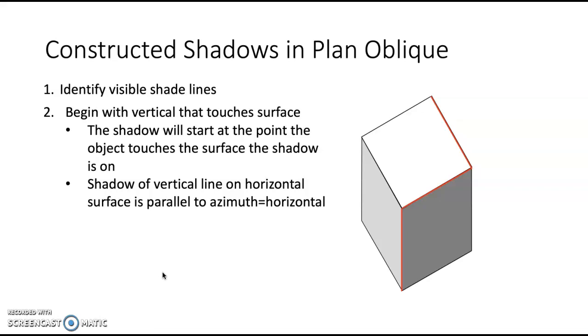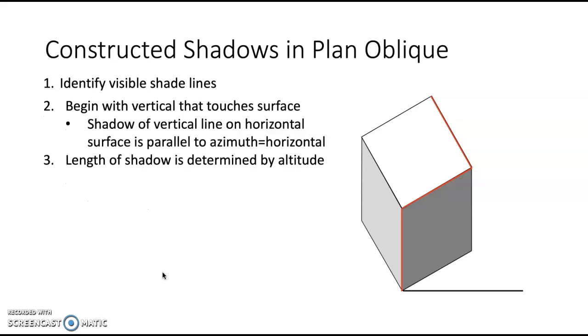We know that the shadow of a vertical line on a horizontal surface is parallel to the azimuth, and on our plan oblique, that's a horizontal line. So we know that this is the line of the shadow of that first shade line. We don't know the length. We need to use the altitude to determine its length.